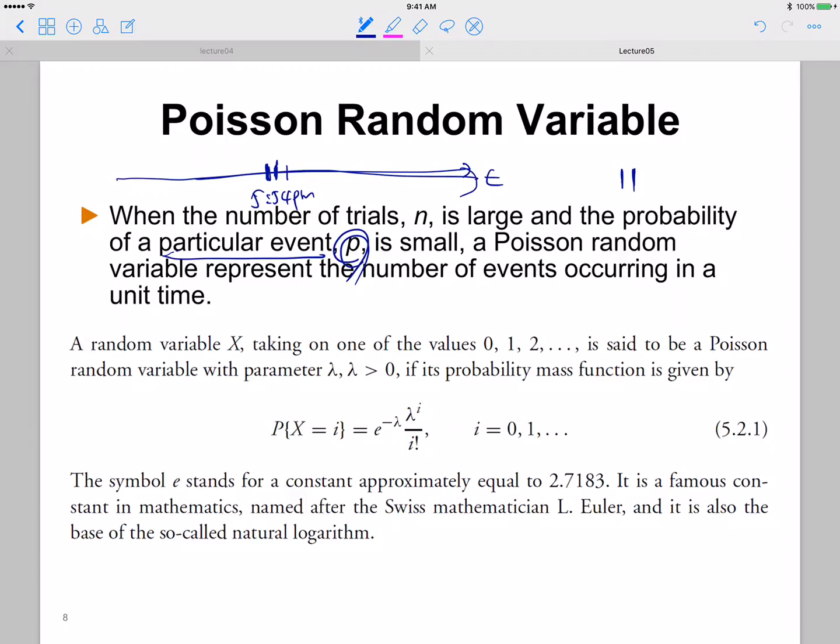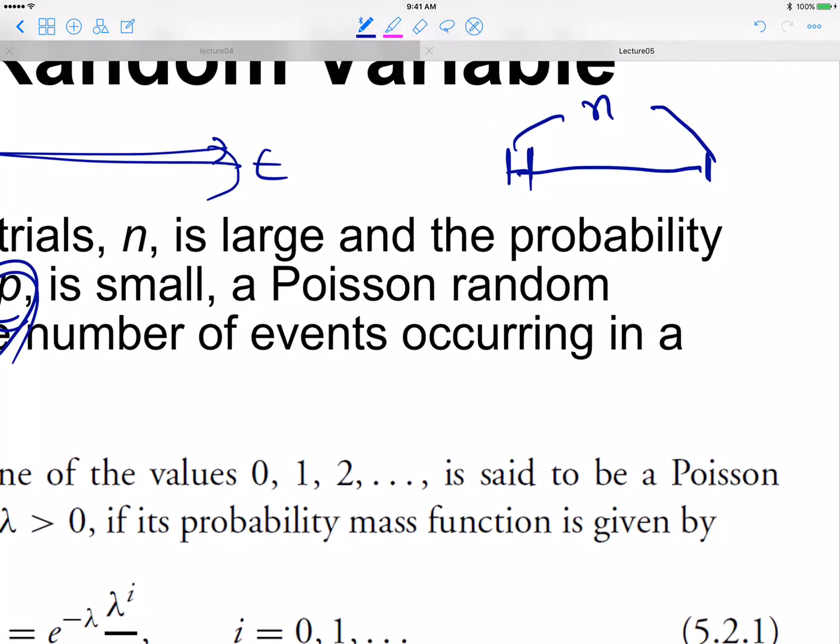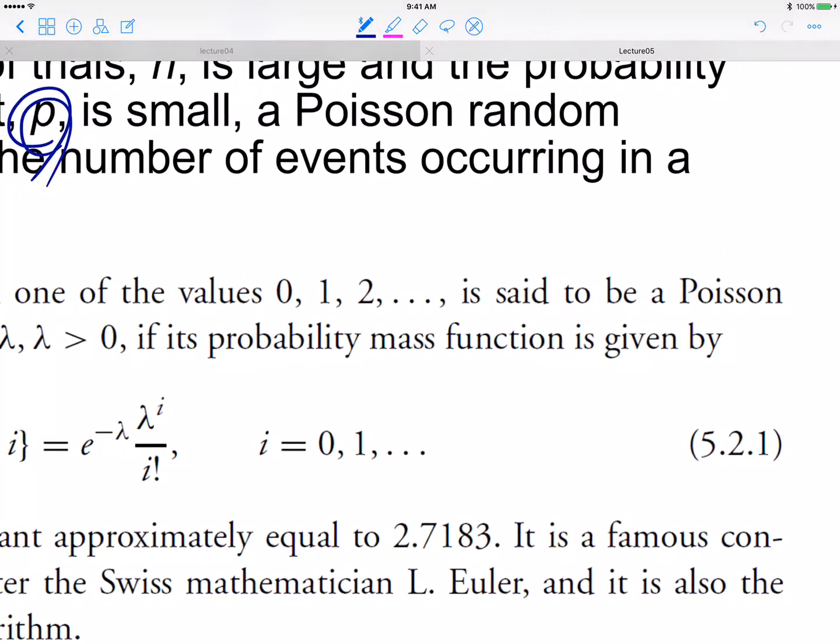We do this kind of trial multiple times, and the number of trials will be n. Again, suppose some customers visit a bank or a convenience store, and let's consider our time unit as 1 minute, which is a really small time period. Let's consider the average number of people visiting within such a short amount of time.